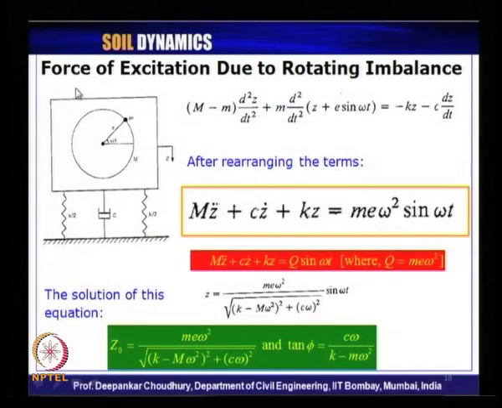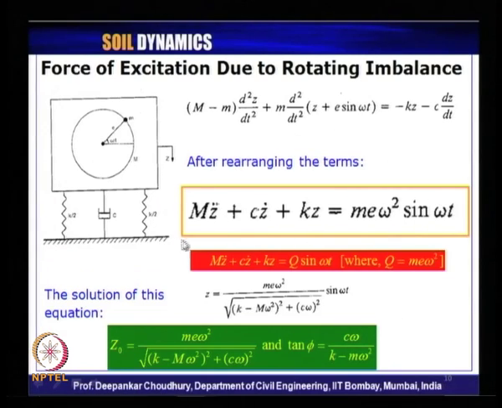What I have explained and derived just now: force of excitation due to rotating imbalance, picture shown. This is the rotating mass which is rotating about the CG with an eccentricity of e. M is the mass of the total system.